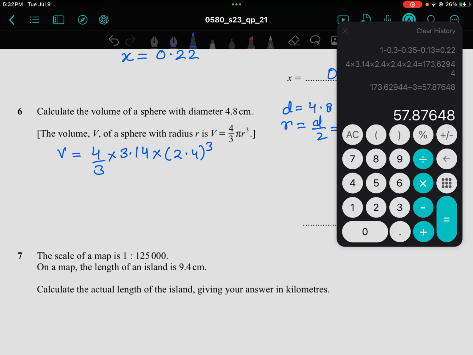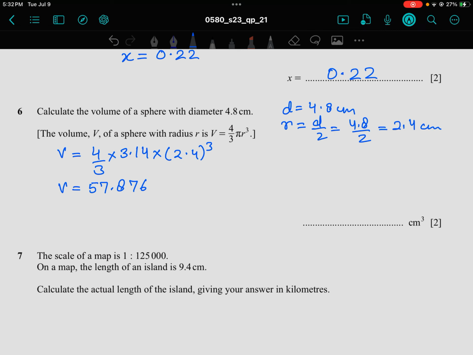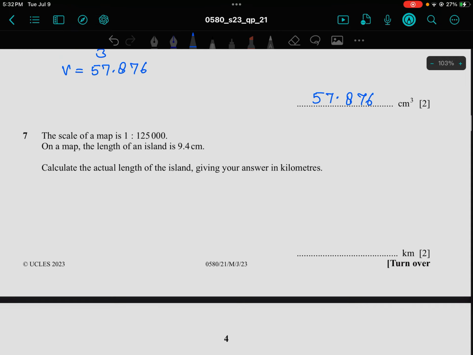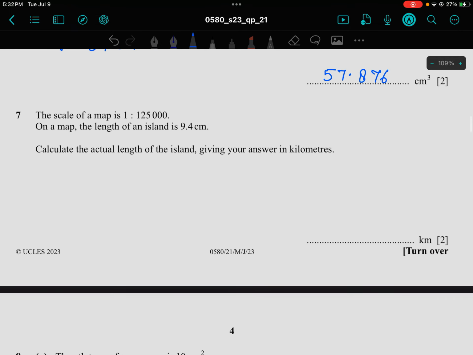So my answer is volume is equal to 57.876 centimeter cube.